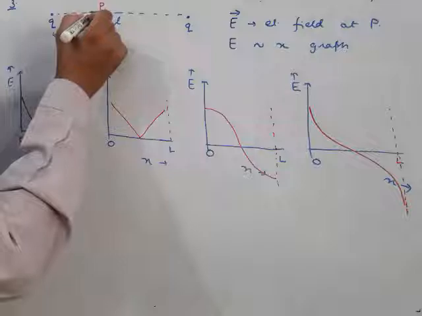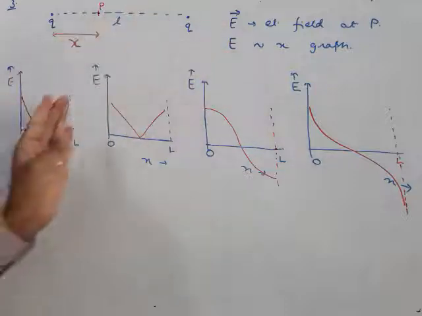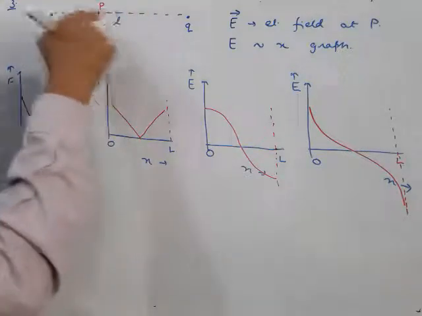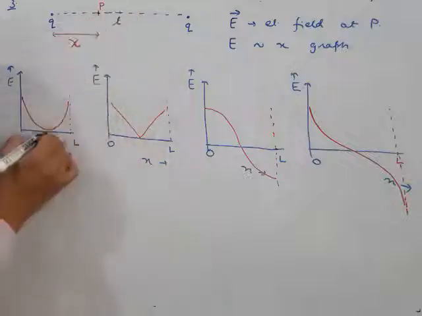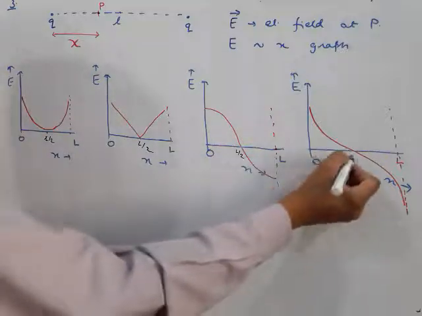Now see, this electric field is due to this charge as well as this charge, their superposition. So what will be the net electric field versus X graph? You have to choose one by one. See, first thing, at the midpoint, so this point is L by 2.